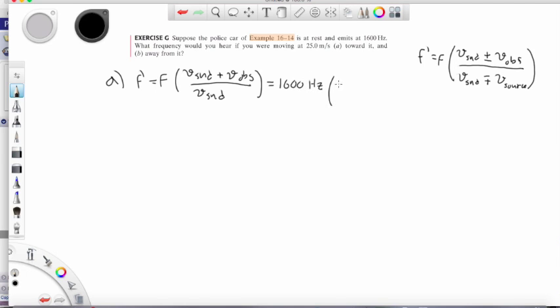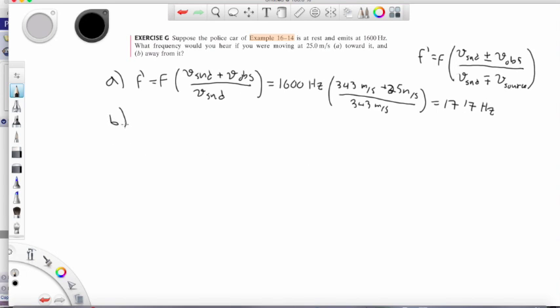The velocity of sound at room temperature is 343 meters per second, and our velocity is 25 meters per second. This gives us approximately 1717 Hertz.